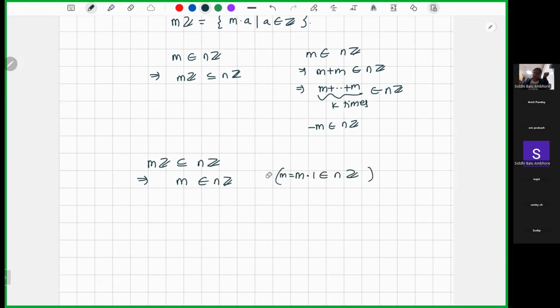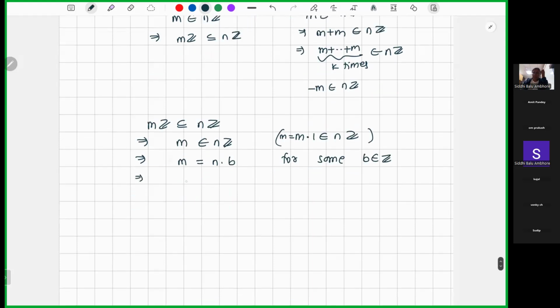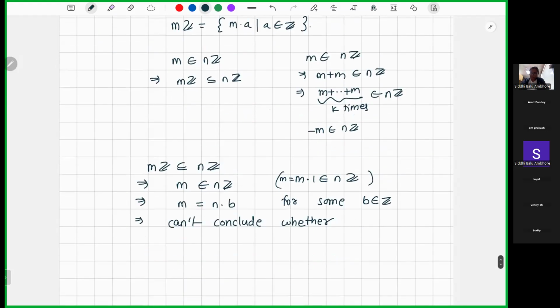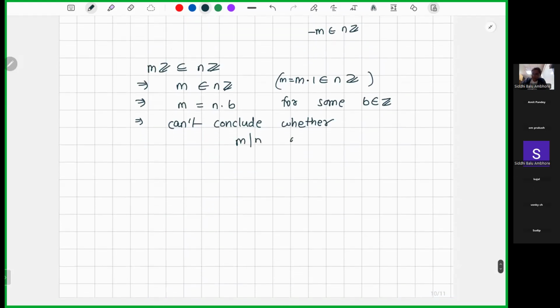So m is equal to n times b for some b in Z. From here, can we conclude whether m divides n or not?